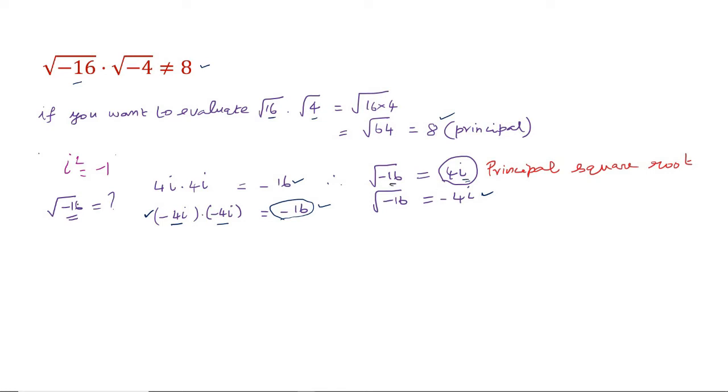Now, square root of minus 16 is 4i. By the same explanation, we can say square root of minus 4 is 2i.